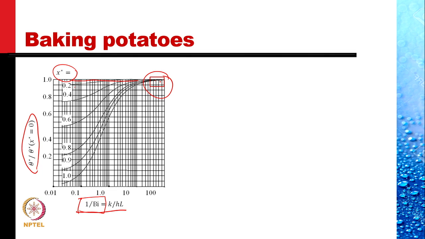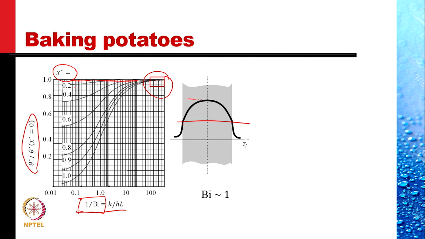What's happening? Let's, in a different context, in the case of a parallel plate, one-dimensional flow, we notice that the Biot number is 1. There is temperature variation within the solid, within the potato, and within the fluid of the same order.